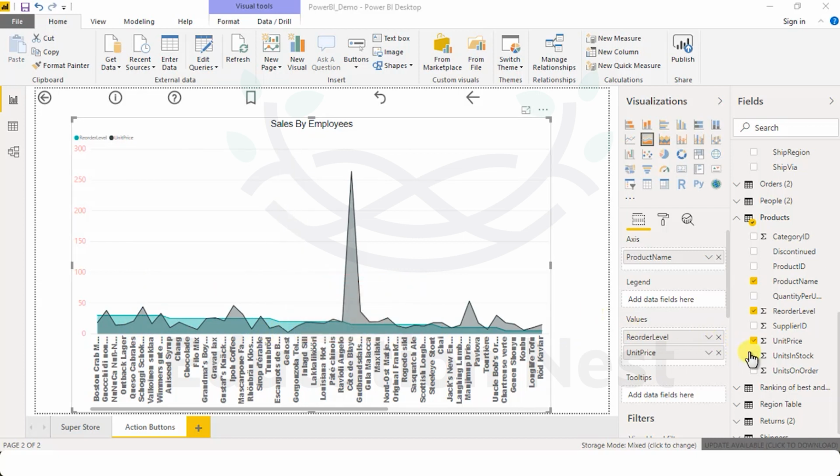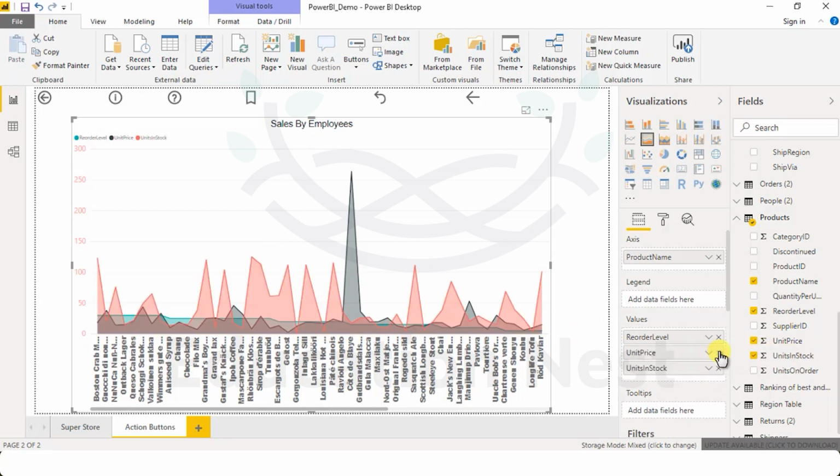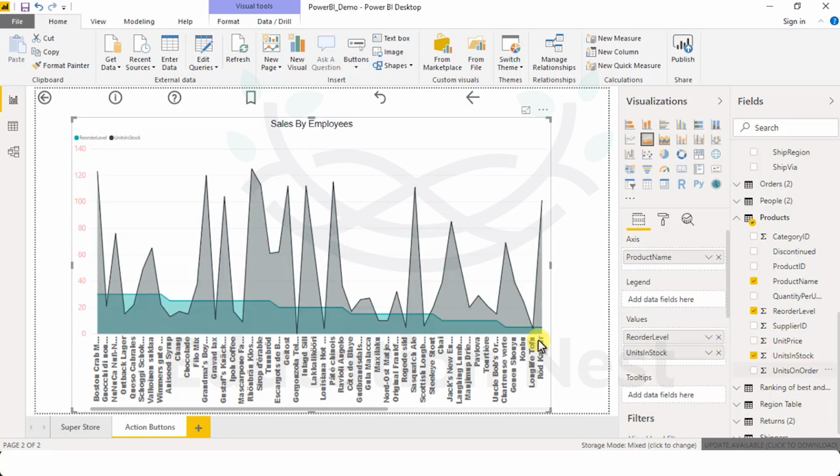Let's take a little complex scenario about units in stock and reorder values. So the first one is the reorder value and units in stock. This is in blue, reorder level is 25, whereas you are here.